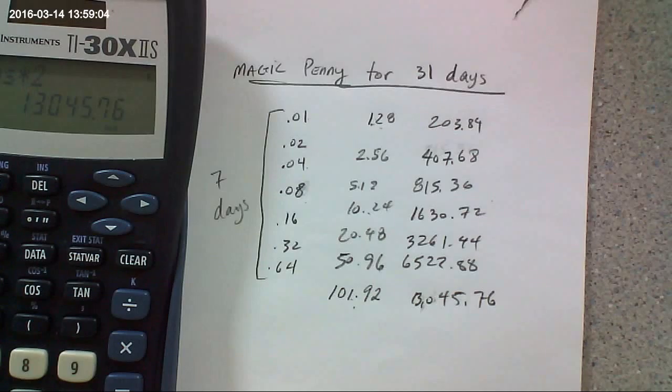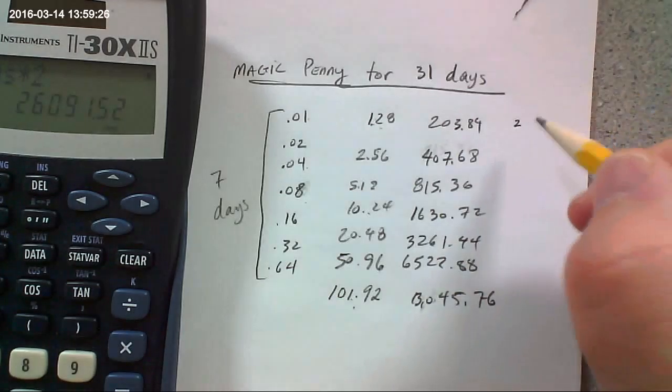Can I change? You want to go to the Magic Penny? Why? Because I see what you do. It's going to be like 26 something, that times 2, 50 something. But we only have a few days left.